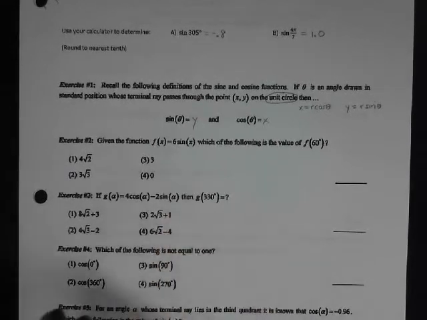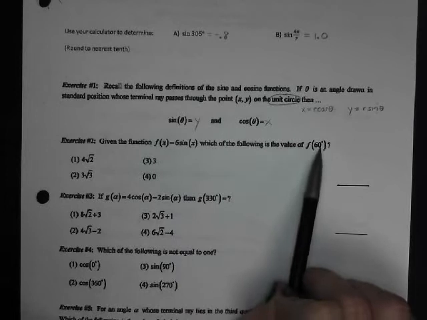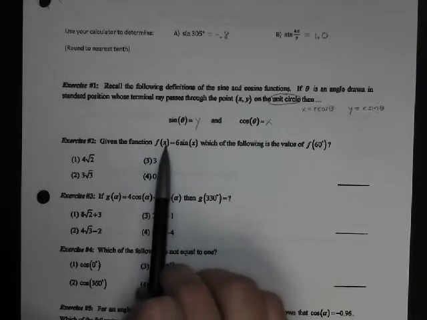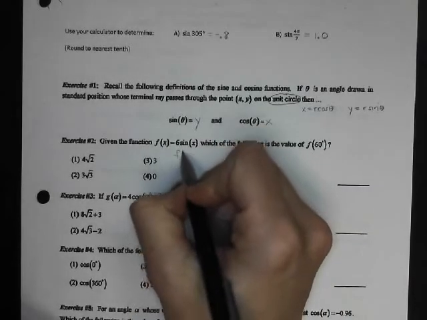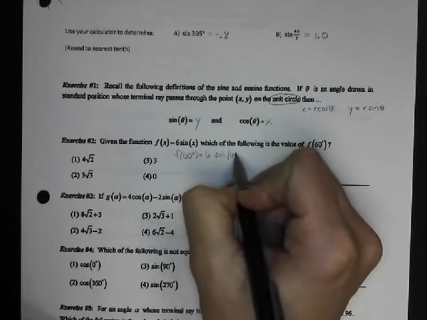So in these exercises, we're really just reviewing basics, but now just in terms of trig. So f of 60 degrees. If you want f of 60 degrees, you have to plug in 60 degrees for x. So f of 60 degrees will equal 6 times the sine of 60 degrees.